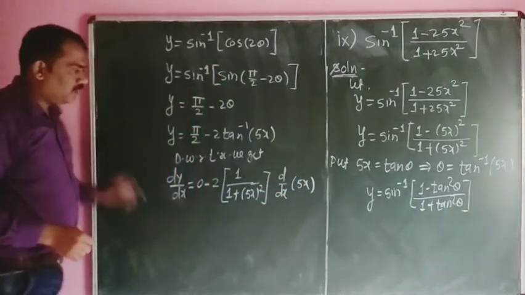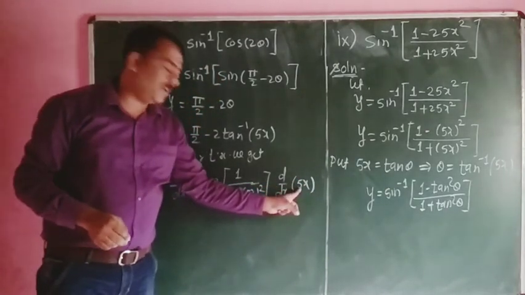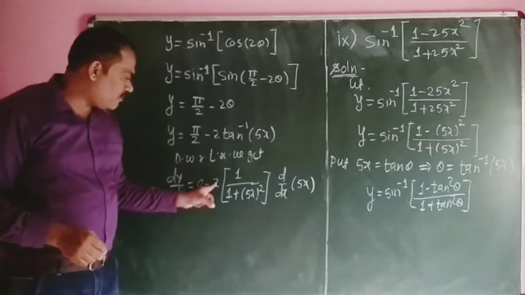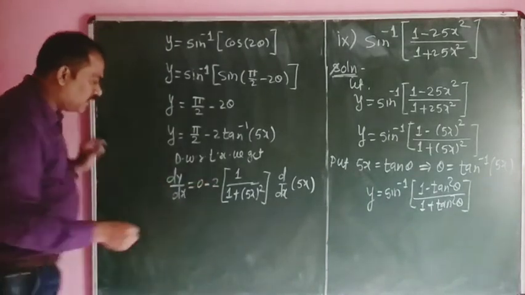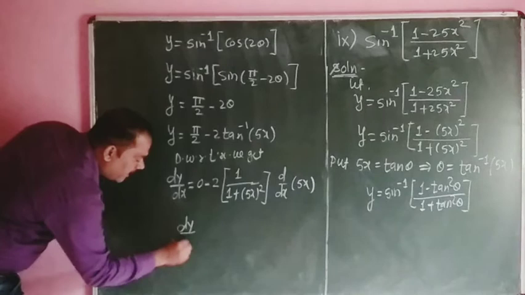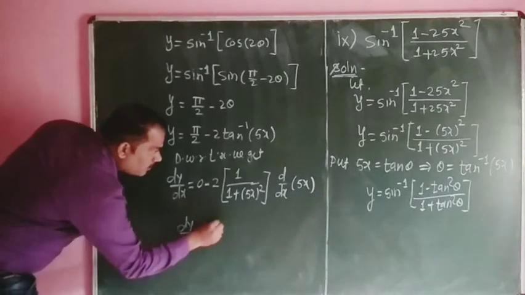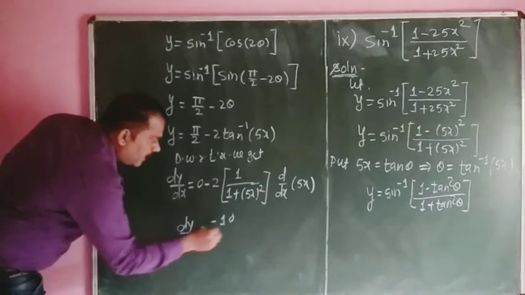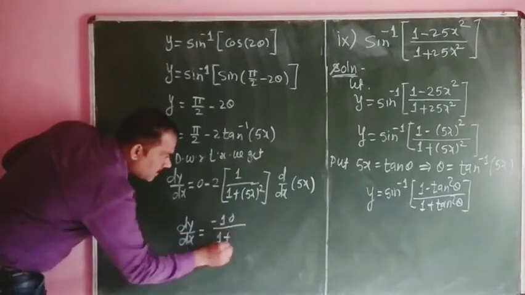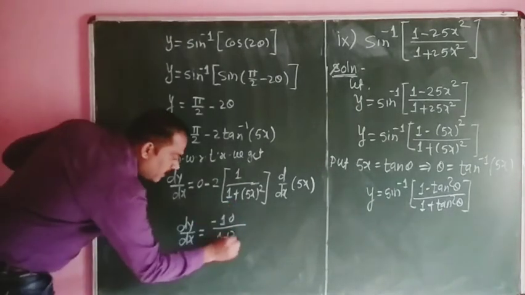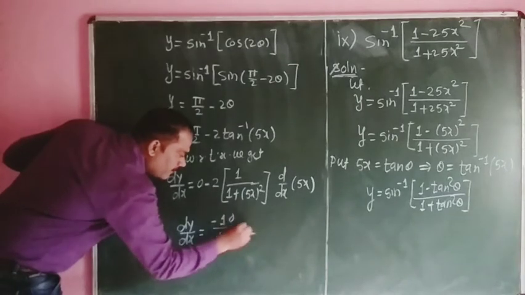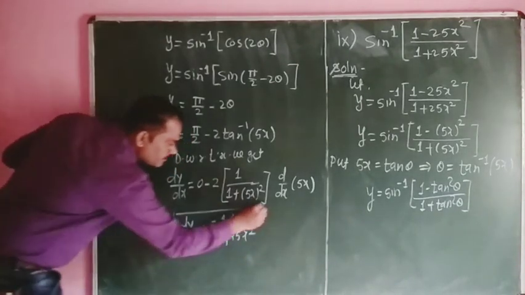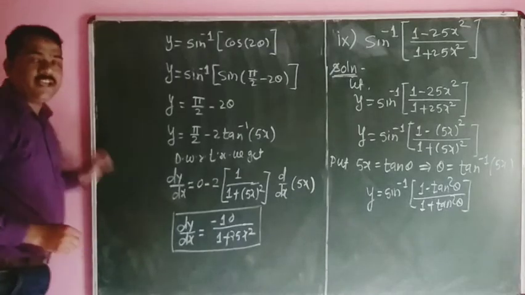Okay. The derivative of 5x is nothing but 5. 5 into minus 2 is minus 10. So we get dy by dx is equal to minus 10 divided by 1 plus 25x square, which is the required answer.